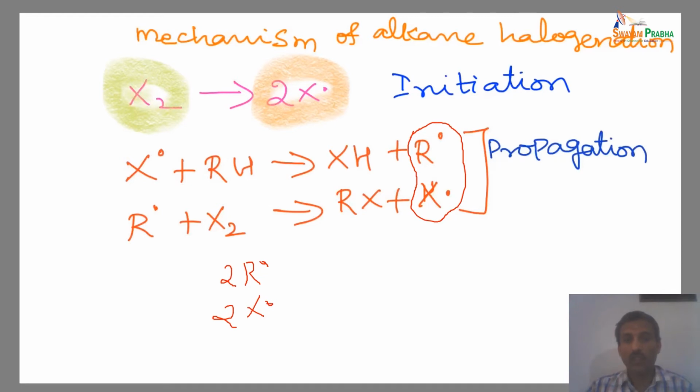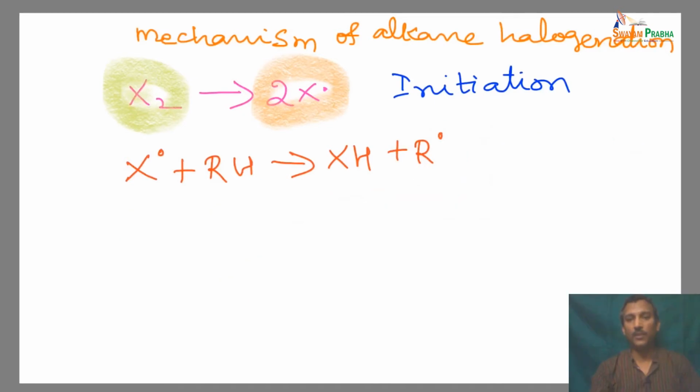These are all the other additional termination steps. So R dot and X dot can combine to give RX, or two R dots alone can combine to give a product, or two X dots can combine to give a product. These are all the different termination steps that are involved.